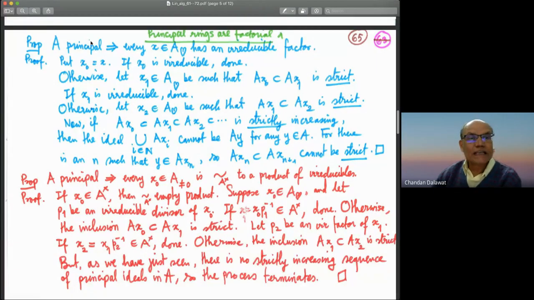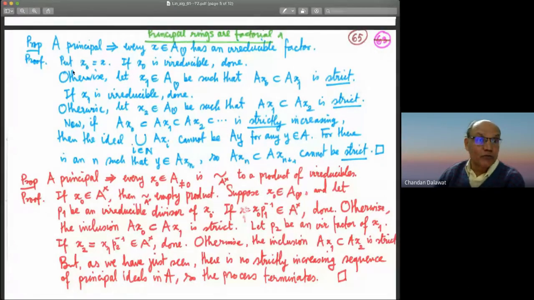The first one says that if a ring A is principal, then every x in A heart has an irreducible factor. And A heart, remember, is the set of non-zero, non-invertible elements of A. So that has an irreducible factor.